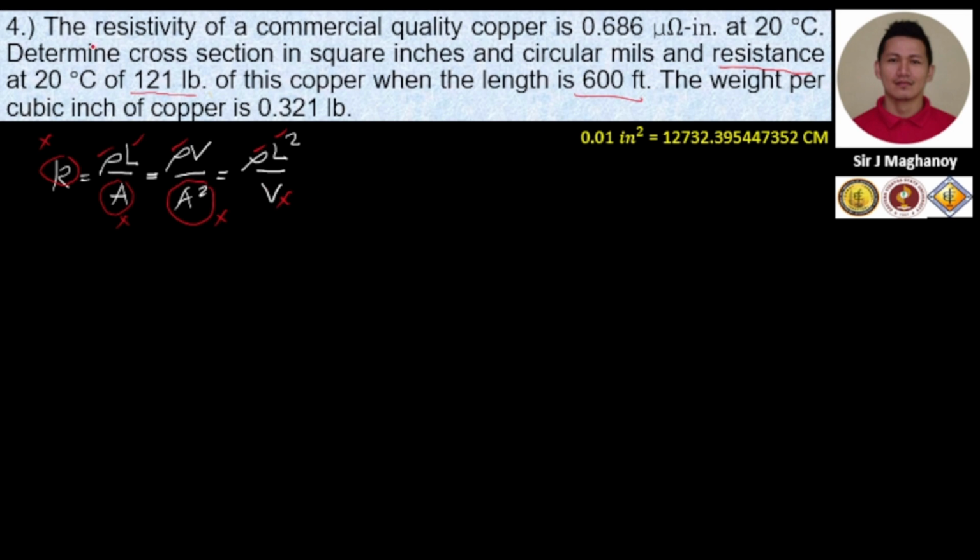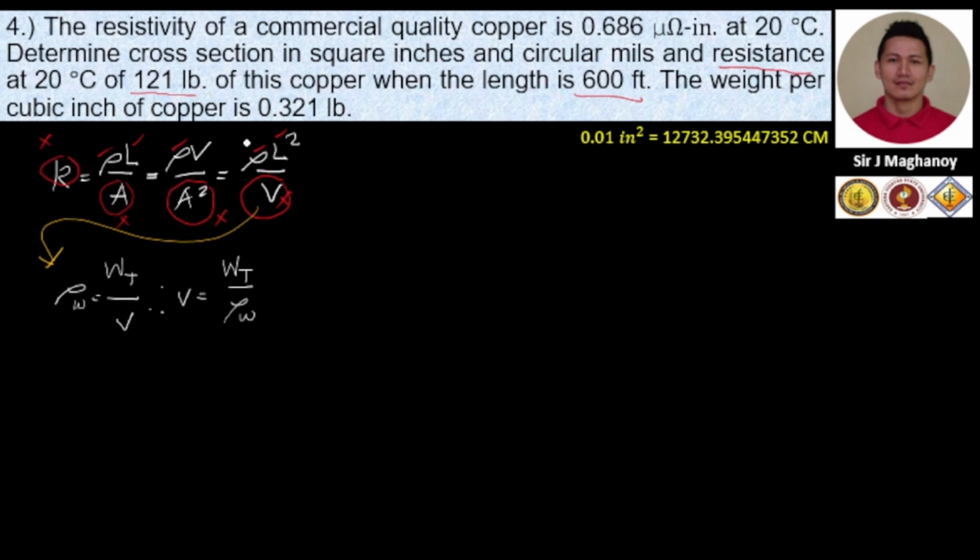Okay, let's start with the volume. If you recall the formula for weight density, weight density is equal to the total weight over the volume. So, therefore, our volume is equal to the total weight all over the weight density.